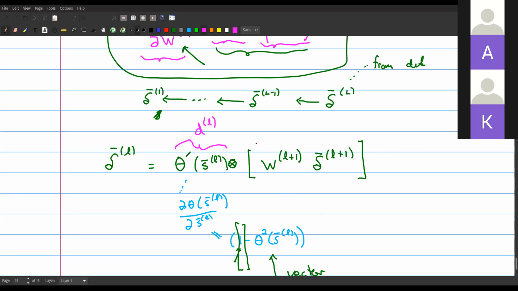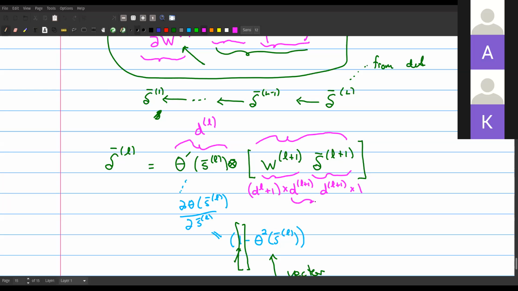But if you figure out what this product is, this thing is d L by d L plus 1, times d L plus 1 by 1.